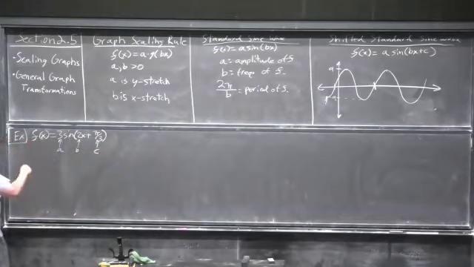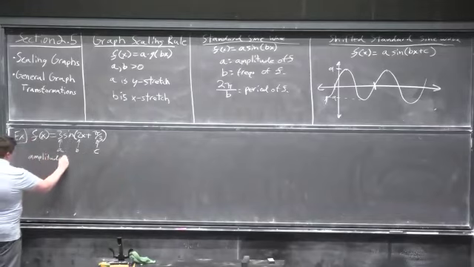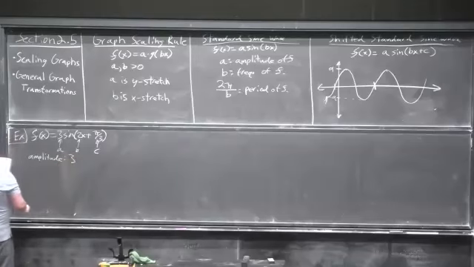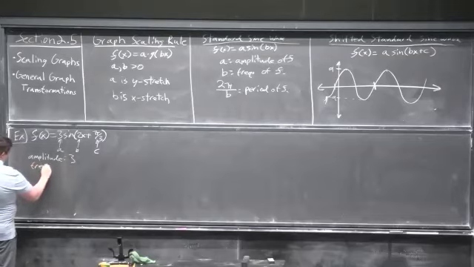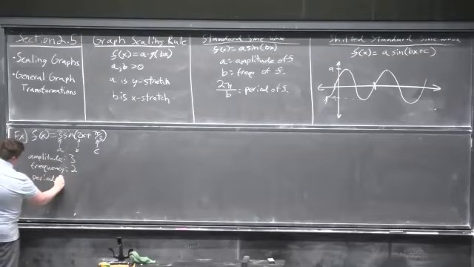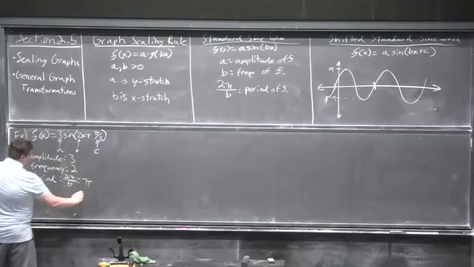So now that we've defined our A, B, and C, we can state that our amplitude is 3. We can state that our frequency is 2. So that means our period is 2 pi over B. B is 2, so we just have pi.